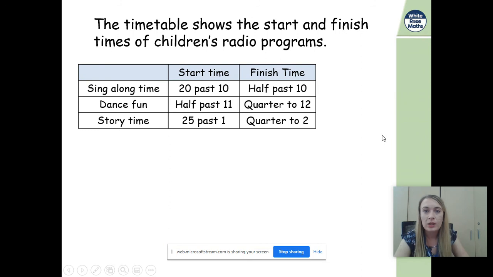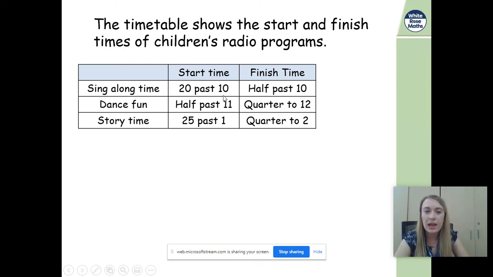Perfect. So this timetable here shows the start and finish times of some programs on TV. We've got Sing Along, we have Dance, we have Story Time. This is the time that it started. This is the time that it finished.